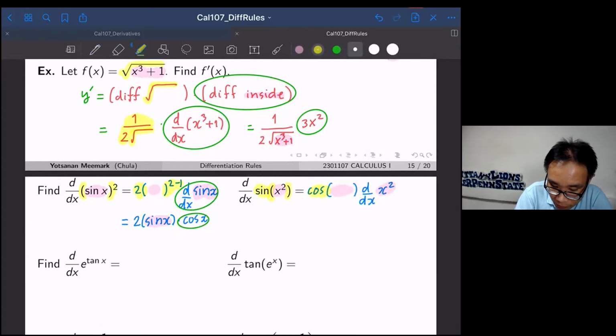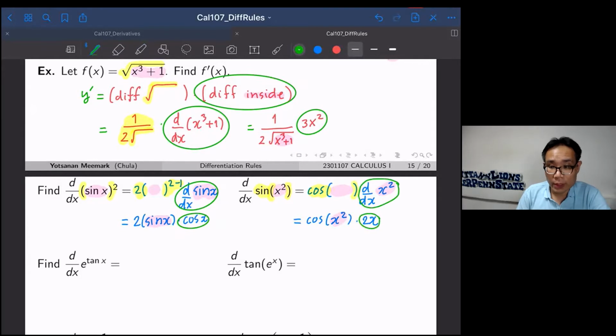So the derivative of the outside turned out to be cos, okay, and the pink guy turned out to be x squared. So you have cos of x squared, okay, and then what? And then you differentiate x squared, so you would get 2x, okay. So this one will be the derivative that you have.